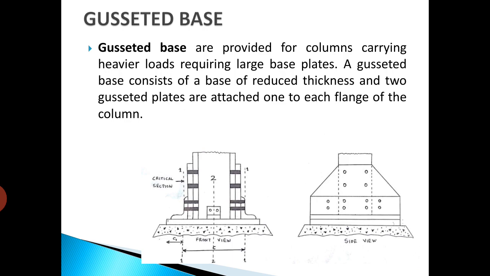A gusseted base consists of a base plate of reduced thickness and two gusset plates attached, one to each flange of the column.